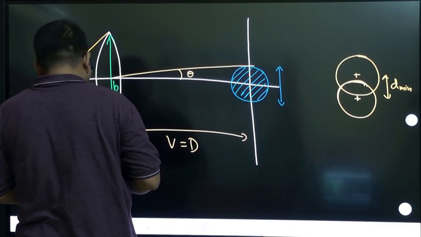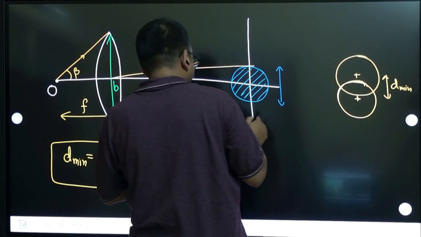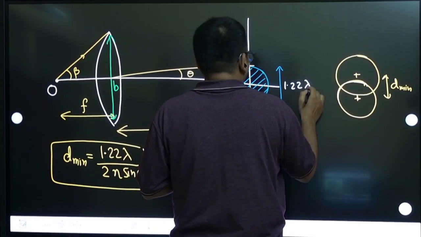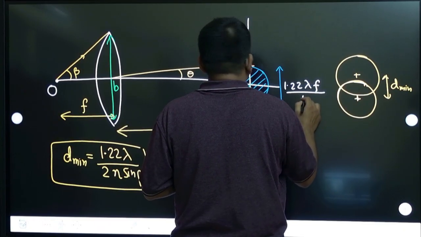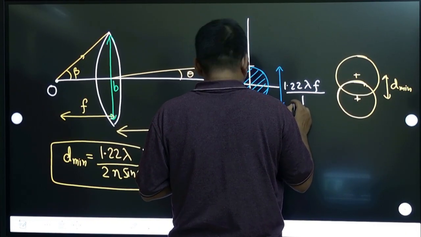So this size, what they are writing here, that is this distance, is 1.22 lambda f by d. Here d means f by b here.